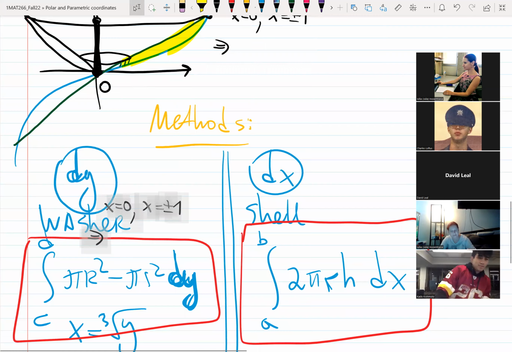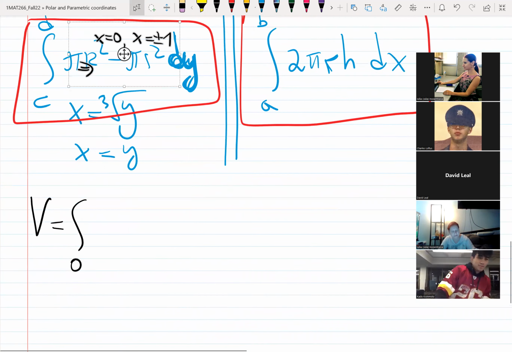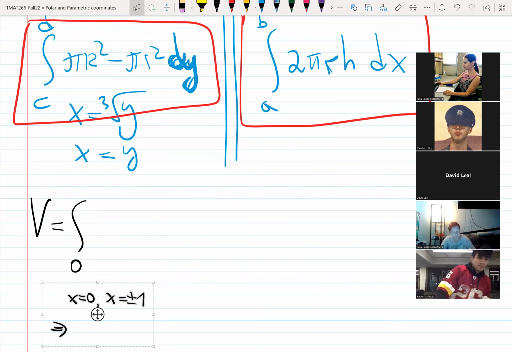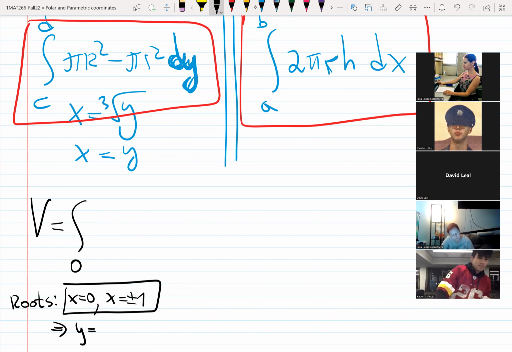Because of that, we can find y. If I plug into any function, and luckily we have very simple functions. So those are roots, points of intersections. Y is 0, we already found that. And y is also 1, either from cubic function, 1 cube is 1, or just x equals 1. So I know it's from 0 to 1.